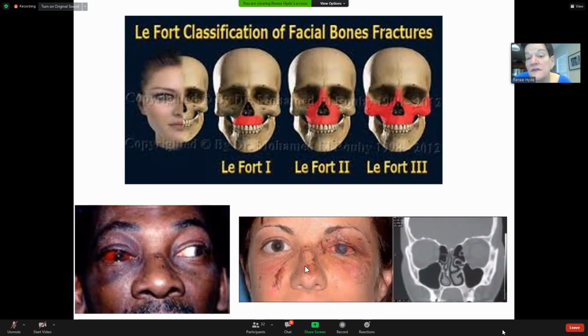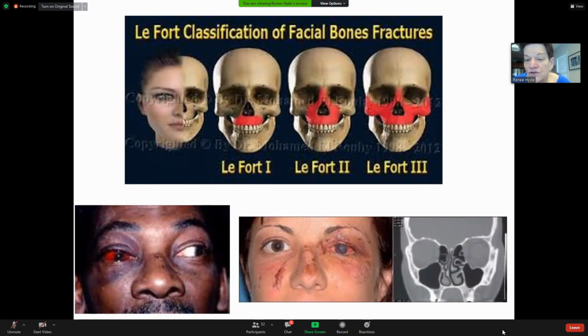I don't see these as much anymore because of airbags. Okay. But I will tell you that with patients that are not wearing seatbelts, or that are not in cars that have airbags, we still see these types of fractures.